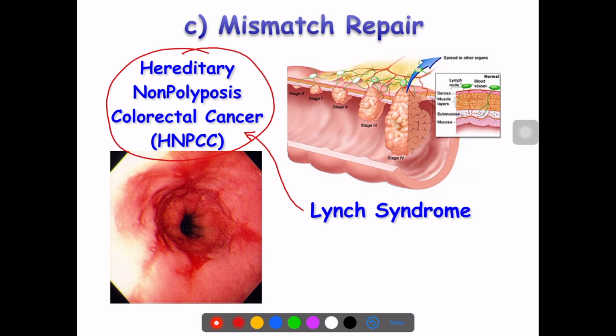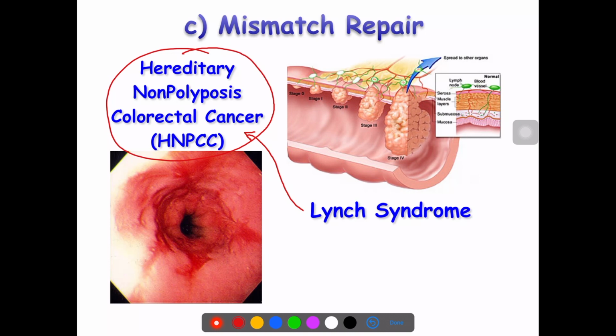So whenever you have defects in mismatch repair, regions in the body that are undergoing rapid cell division, such as your digestive tract, are prone to develop cancers, because now you have accumulation of mutations. Whenever you undergo DNA replication, there is a higher frequency of mutations, and that predisposes for the development of cancers.